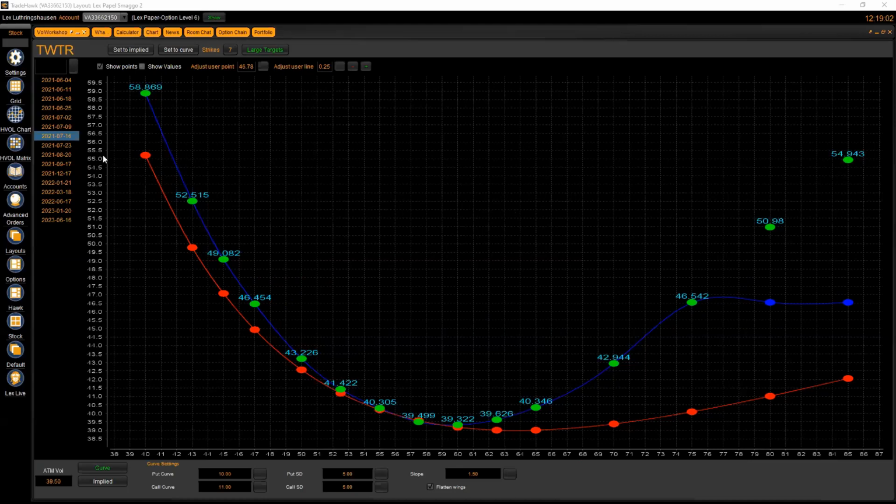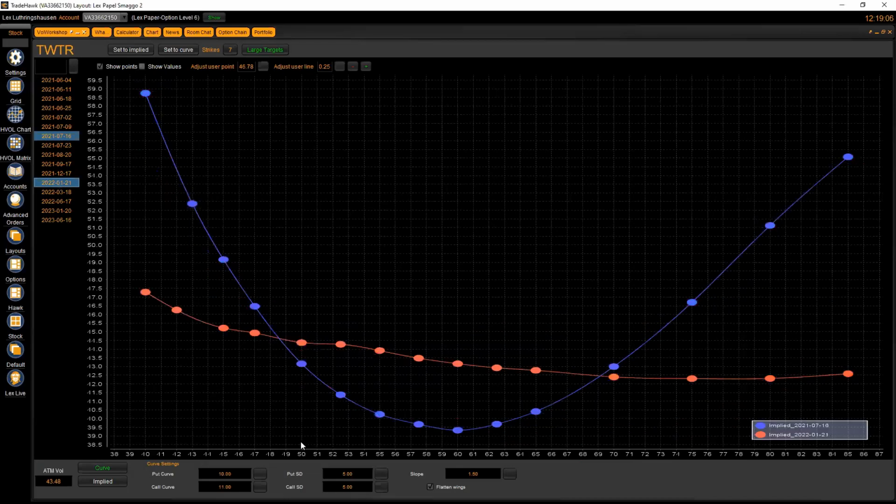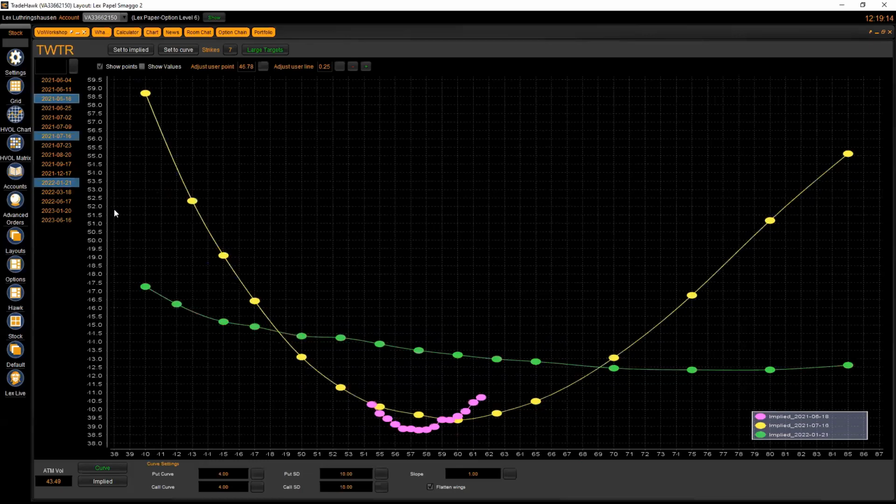The other thing we can do, one last thing, sorry, is you can certainly look at comparatives of skew. So I just chose January of 2022 to see what that looks like relative to the July, and then you could grab a third one and get a feeling for where volatility is. Now, what you want to see when you look at multiple ones together is where your at-the-money values tend to exist relative to one another.